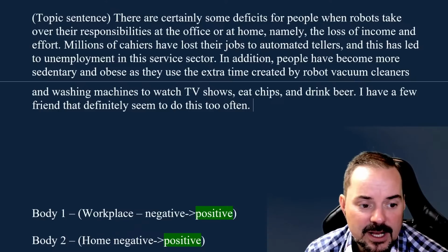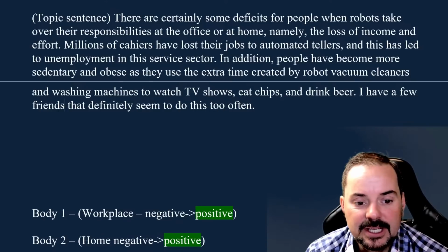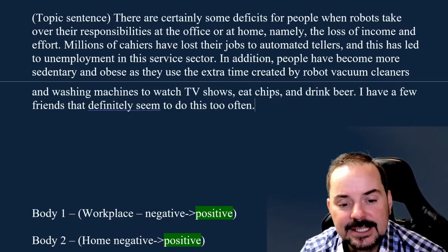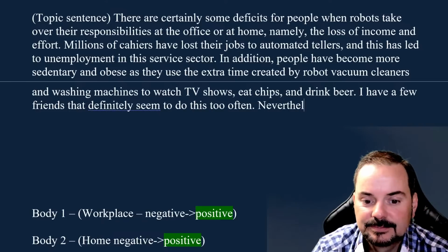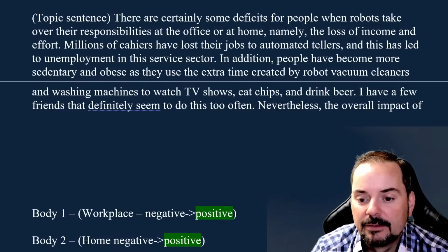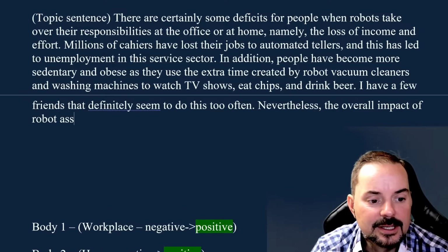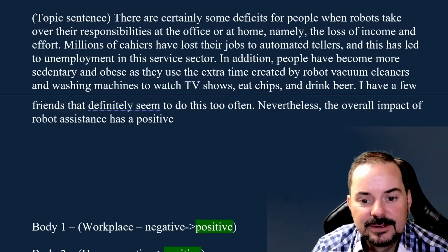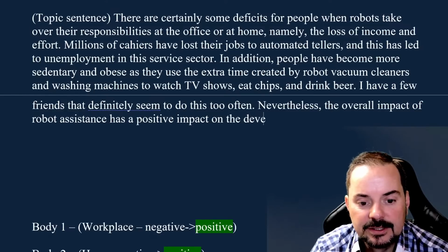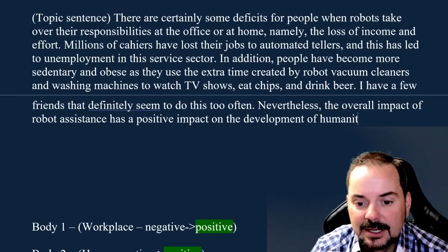I have a few friends that definitely seem to do this too often. Okay, connecting sentence. Nevertheless, the overall impact of robot assistance has a positive impact on the development of humanity.